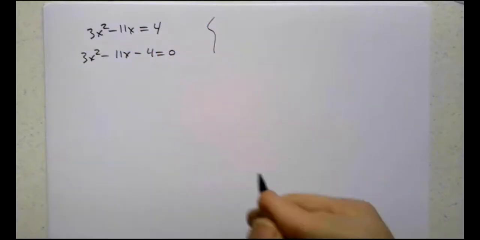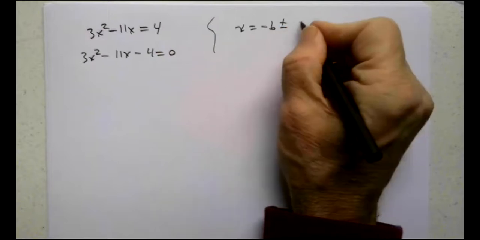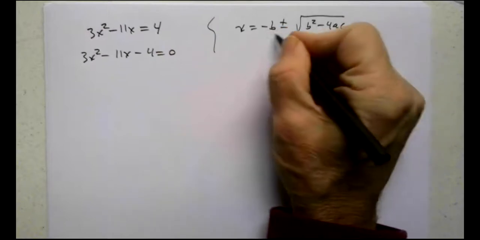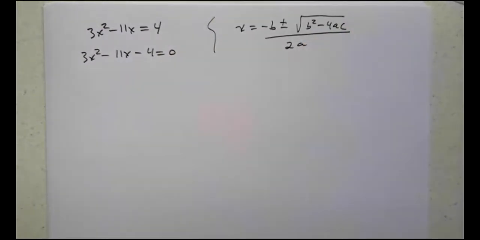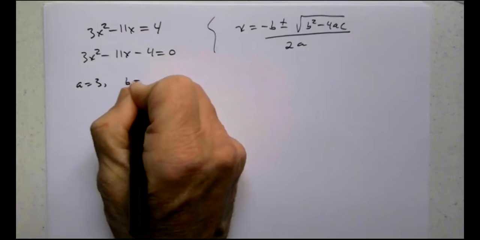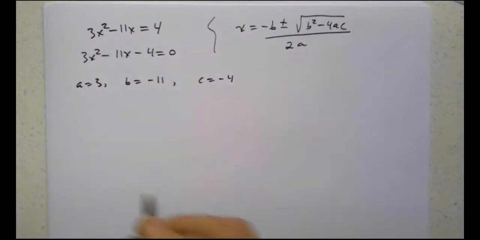What is the quadratic formula? x equals negative b plus or minus the square root of b squared minus 4ac all over 2a. What do I have here? I have a is 3, b is negative 11, c is negative 4.